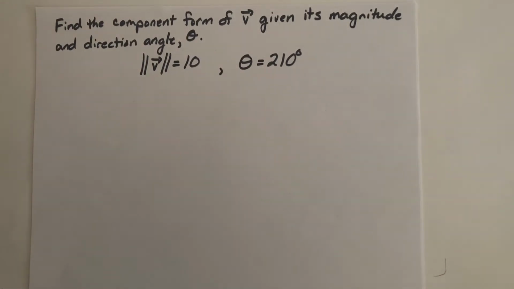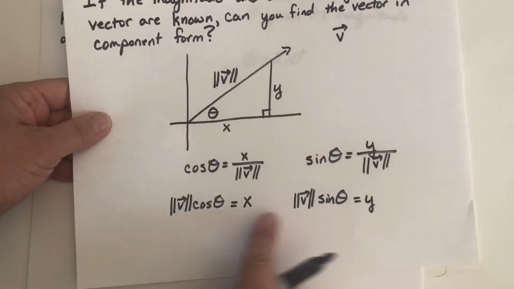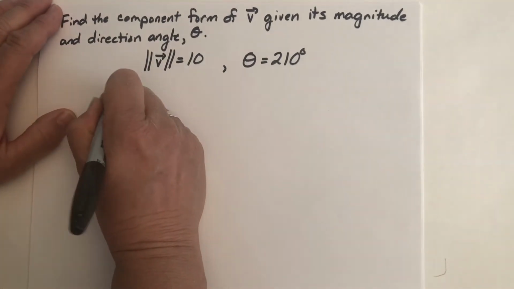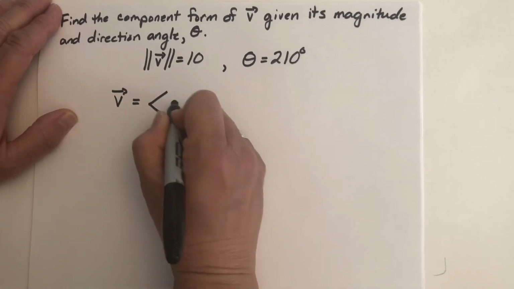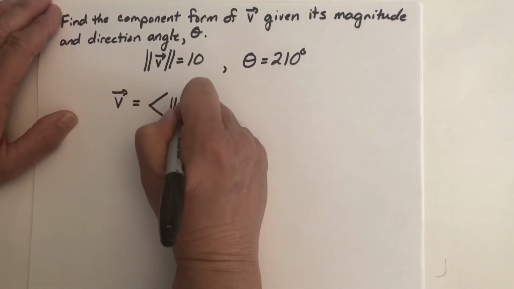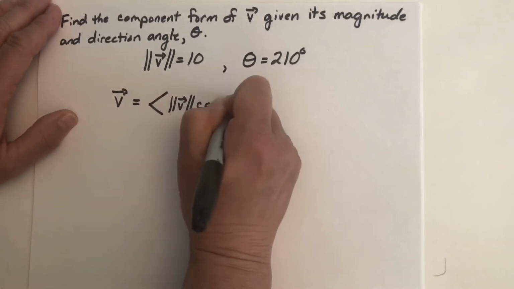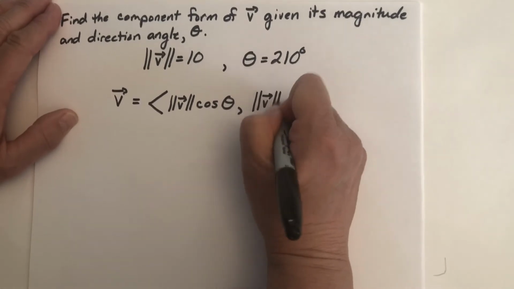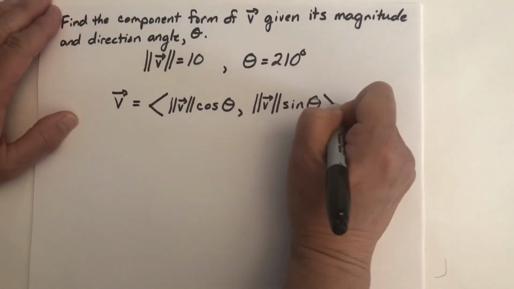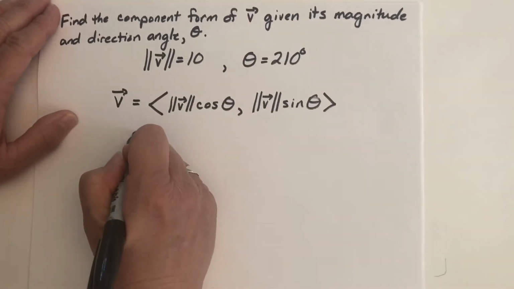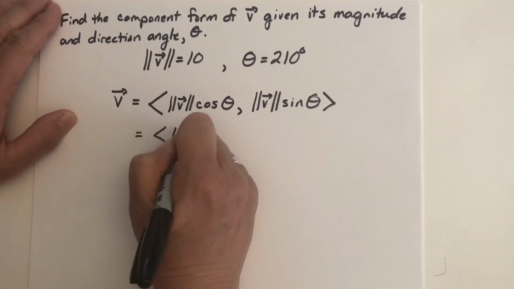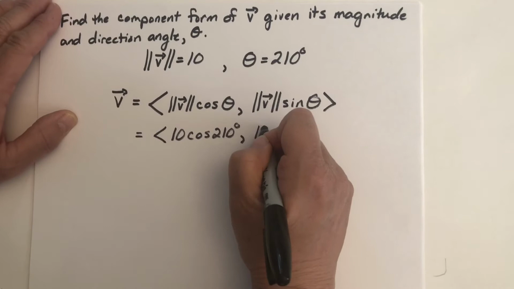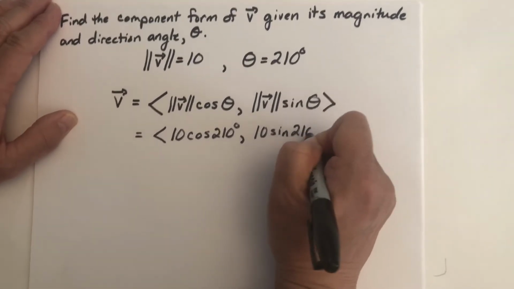If I just stuck strictly to this formula, the x component and the y component, notice we could find that vector v this way, that we have the magnitude of v times the cosine of theta will give us the x component, and the magnitude of v times the sine of theta will give us the y component. Now let's substitute those values in. So we have 10 cosine of 210 degrees, comma, 10 sine of 210 degrees.